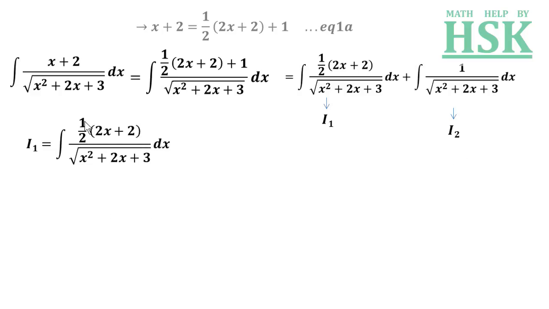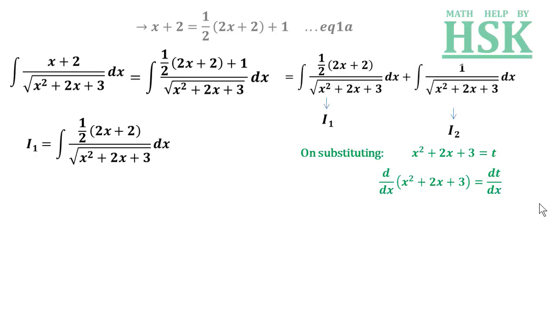Now, taking I1 is equal to 1 by 2 times the integral of (2x + 2) upon the square root of x² + 2x + 3. Okay, now differentiation of x² + 2x + 3 is equal to 2x + 2. Therefore, I am going to substitute x² + 2x + 3 as equal to t.